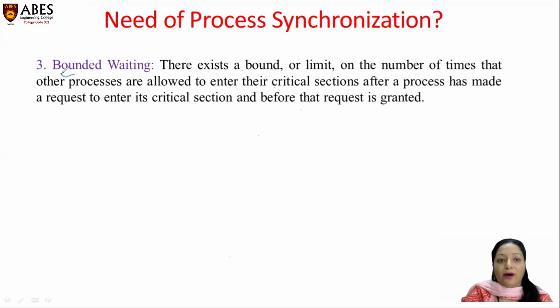Third is bounded waiting. Now, there exists a bound or a limit on the number of times that other processes are allowed to enter the critical section after a process has made a request to enter its critical section and before that request is granted.